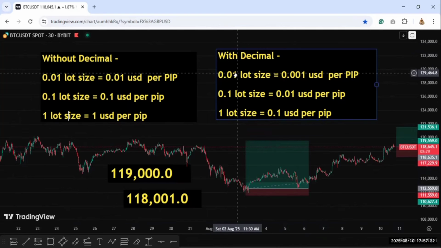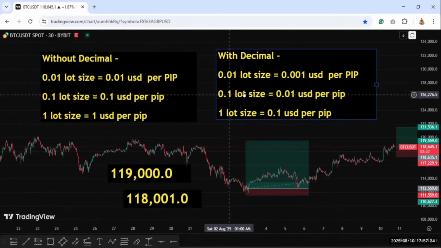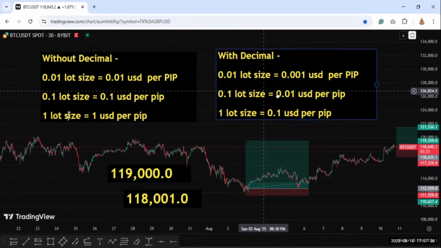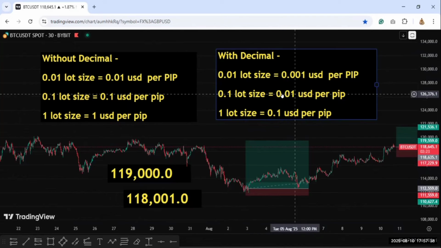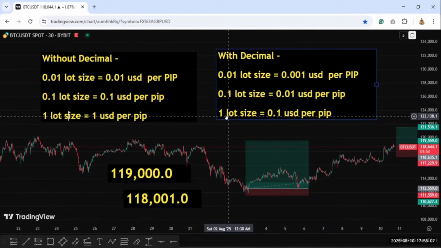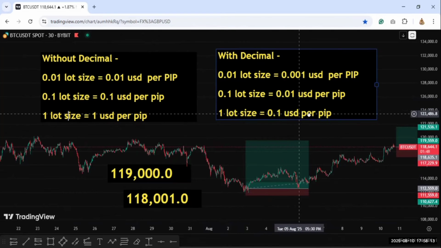Now, if you are going to use 0.1 lot and you are targeting 70,000, then you are going to multiply 70,000 pips times 0.01. So that will give you 700 US dollars as your target profit. Now, if you are opening a position with one lot size, then for every 1 pip movement is going to be 0.1.